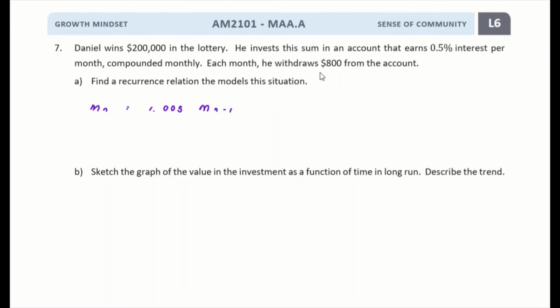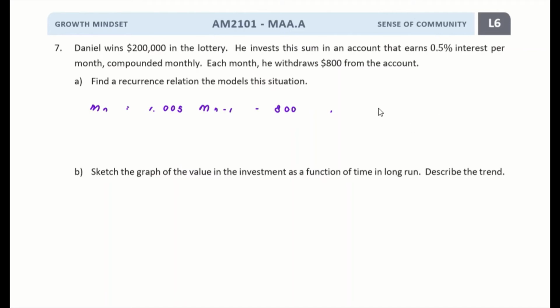After that, he withdraws 800 from the account, so minus 800. Let's set our n as the number of months. It will be easy when we try to find how much money is in the bank after how many months.